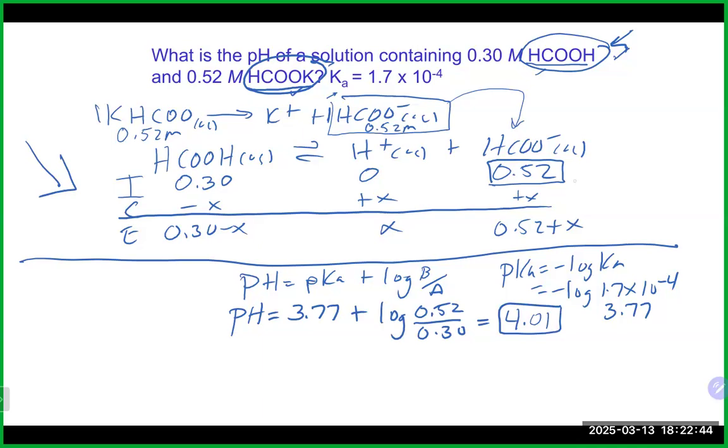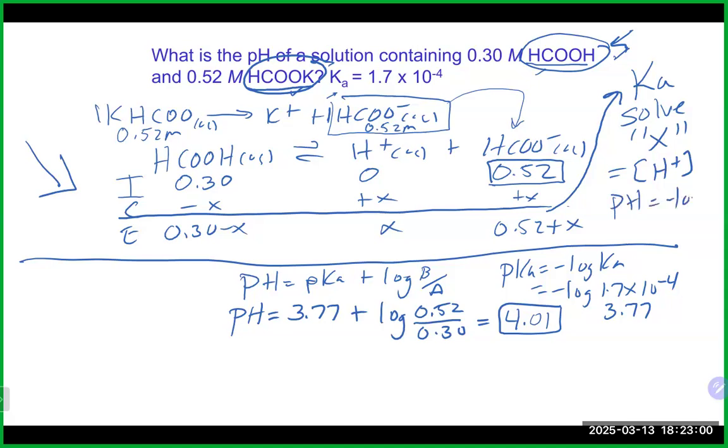Again, if you wanted to do the ice table at this point, obviously you would go into your Ka expression like we did before. You probably would make an assumption and solve for X. X will equal the H plus concentration. You then could go into your pH equation, and that should get you here as well.